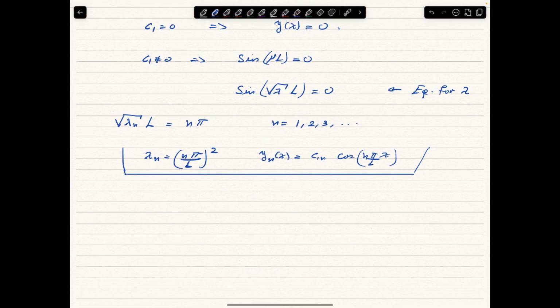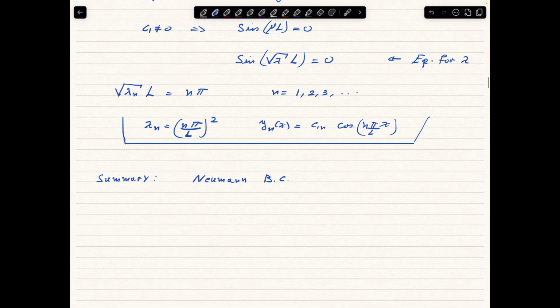So in summary, because we may be forgetting something, for Neumann boundary conditions, what do we get? Let's put it in red so we don't forget. We have an eigenvalue that is 0, and the corresponding eigenfunction y0 is any non-zero constant.